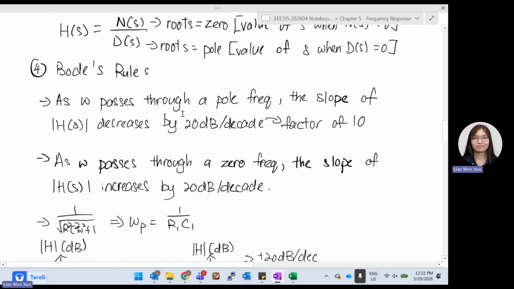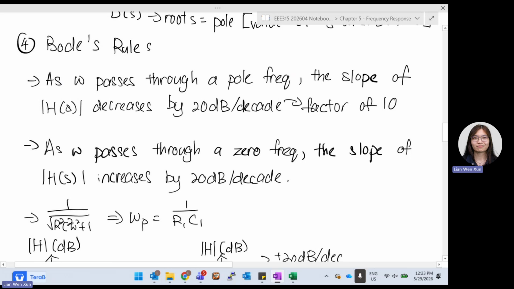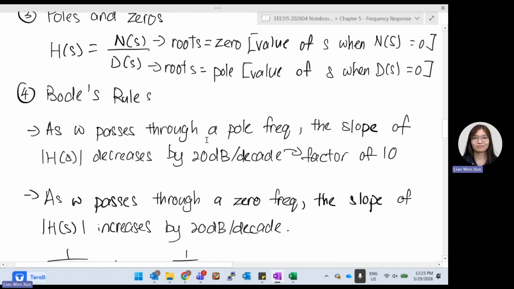So Bode's rule says that as frequency passes through a pole frequency, like I mentioned, the bottom pole, the slope of your transfer function, your frequency response, will decrease by 20 dB per decade. Meaning it will be working very well, 30 dB all the way, until it sees a pole in your circuit.